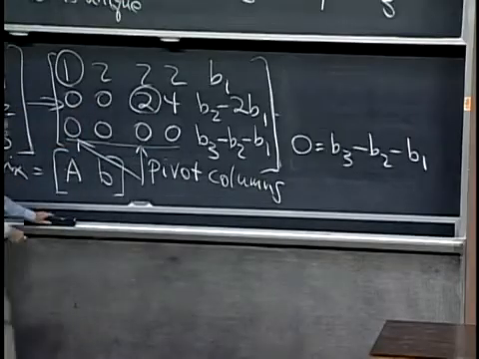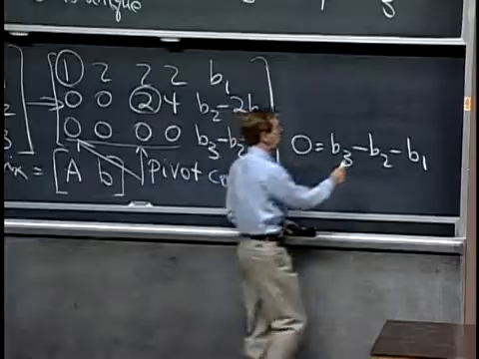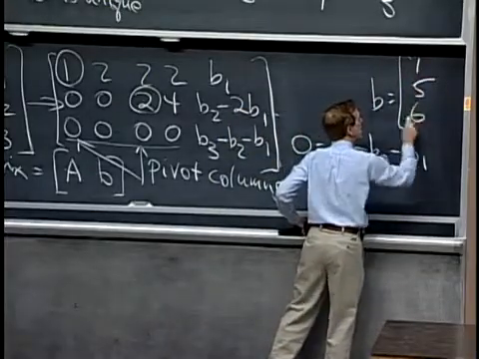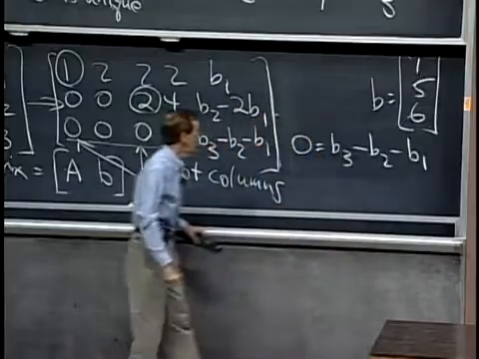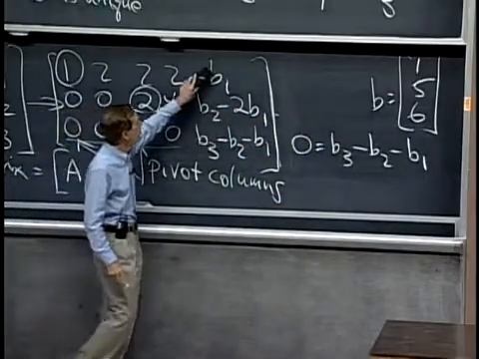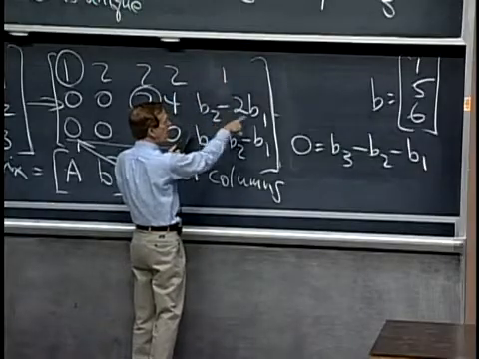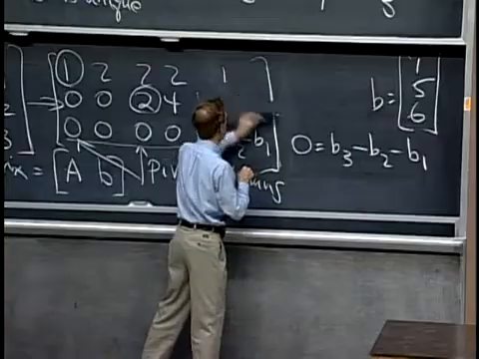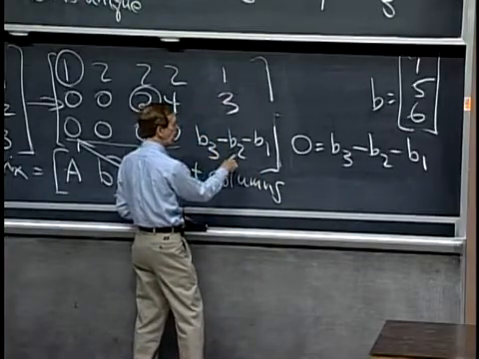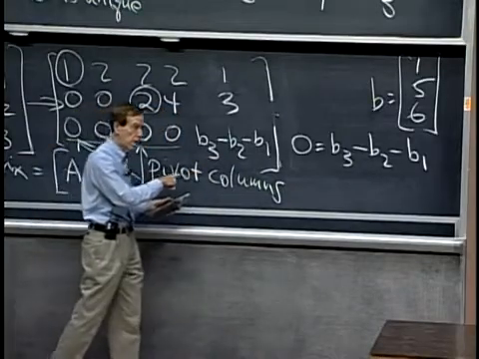And if our numbers happen to have been 1, 5, and 6, so suppose b is 1, 5, 6. That's an OK b. And when I do this elimination, what will I have? The b1 will still be a 1. b2 would be 5 minus 2. This would be a 3. 6 minus 5 minus 1, this is the main point, this will be a 0.